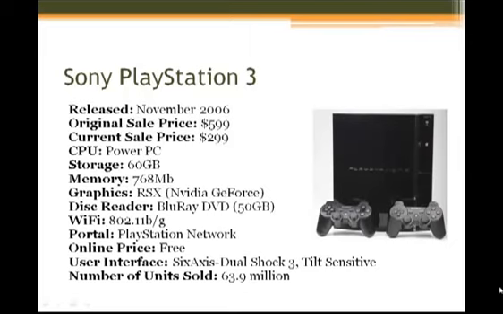We call it the PowerPC. And the PowerPC processor was actually very handy for handling graphics as well as other processing functions. You notice there's internal storage of about 60 gigabytes, and that the memory on the console is about 768 megabytes.